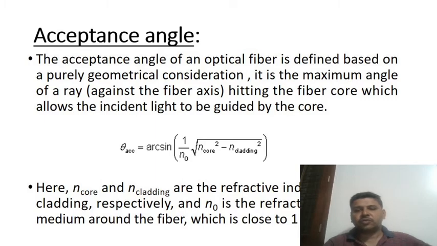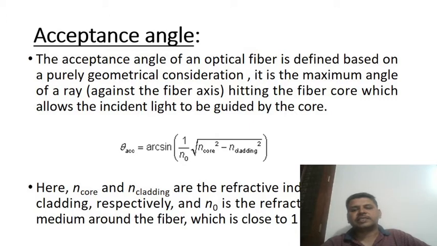Next, we discussed the nature of the optical fiber. Optical fiber is a kind of glass material with different parts: core, cladding and also a jacket.